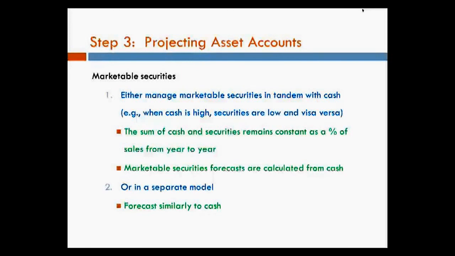In that case, the sum of cash and marketable securities remains constant as a percent of sales from year to year. So just as you did for cash, you can say it's cash plus marketable securities as a constant from year to year, and you calculate them together and then separate them out appropriately.